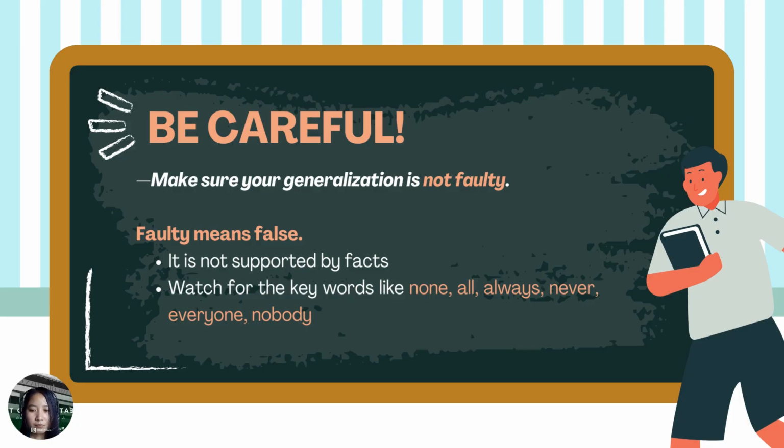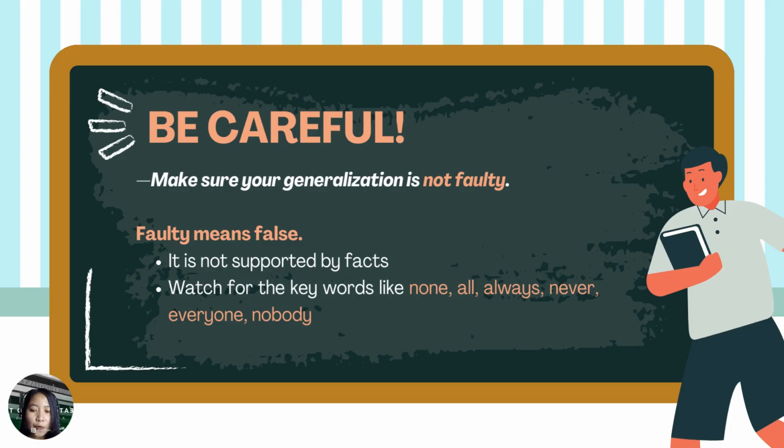But the statements become faulty when we use them in certain examples, such as first, everyone prefers dogs over cats. What do you think is wrong with my statement? It's because we talk about preference, and there are some people who are actually more of a cat person rather than a dog person.